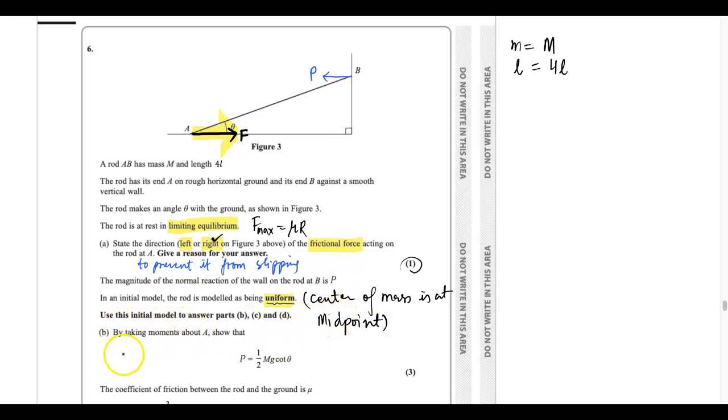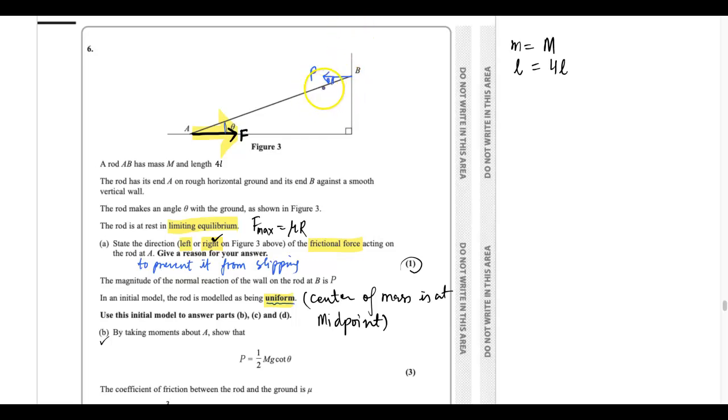Let's see what part B is asking us. By taking moments about A, show that P is something. We have to just focus on P, which we have to prove. If that is theta, this will also be theta.